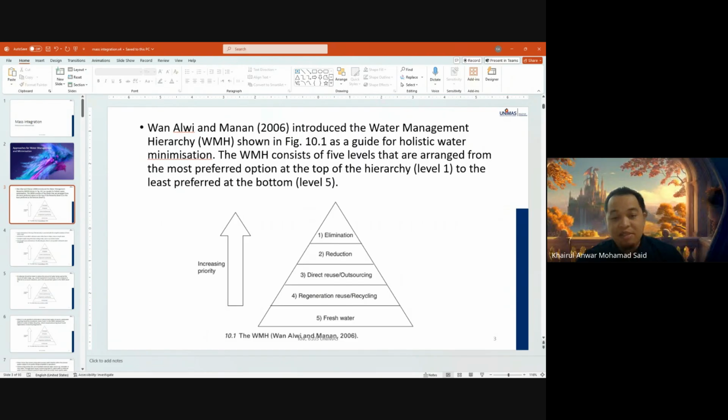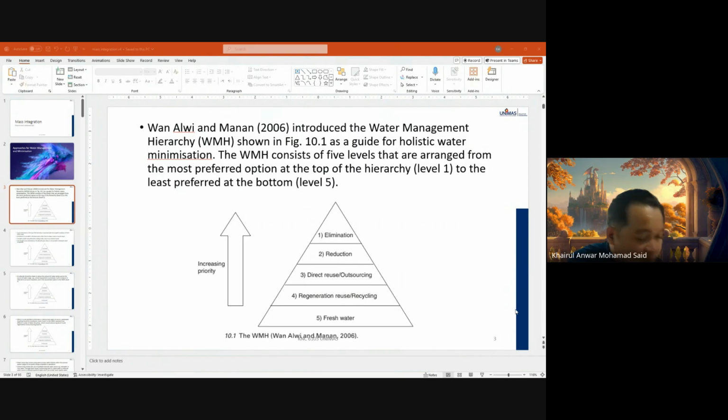So back to the question, which tier in the 5 tier management hierarchy is the most preferred for industrial resource efficiency? So for this case, it's always, if possible, we go for number 1.